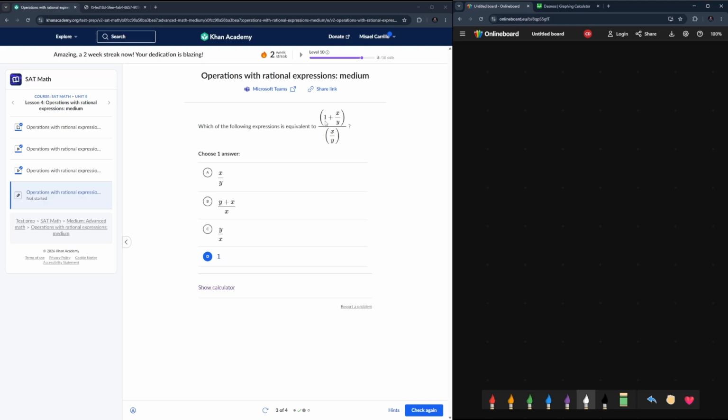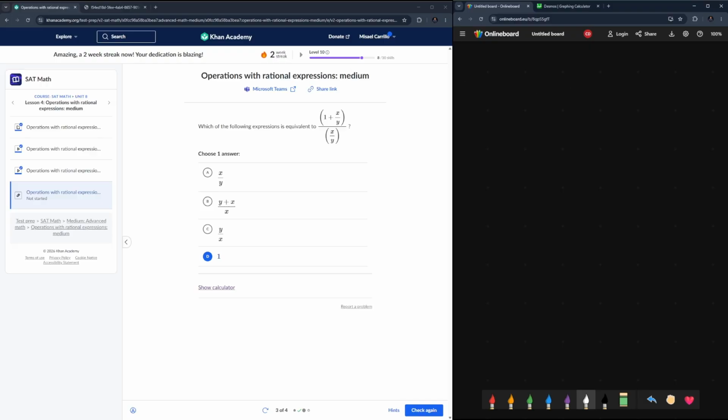But I learned that because the 1 is adding the x over y, we can't really cancel. The x over y is trapped with the 1 because it's an addition. If it was a multiplication, then we would be able to cancel the x over y's, but not in this case because it's adding.